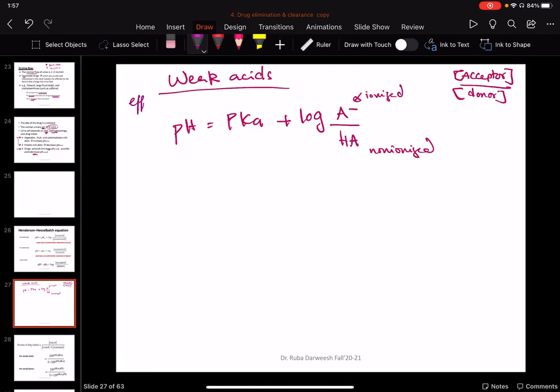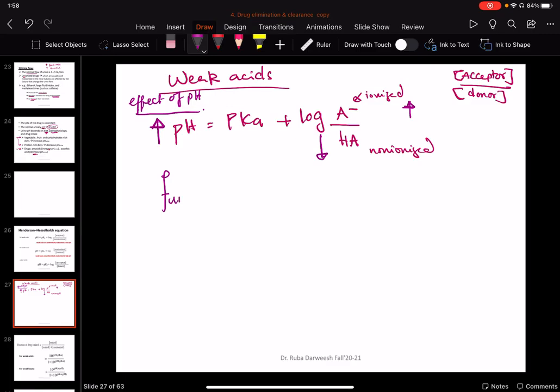Let's talk about the effect of pH first. If the pH is increasing, then the ionized fraction would be increasing and the non-ionized fraction will be decreasing.